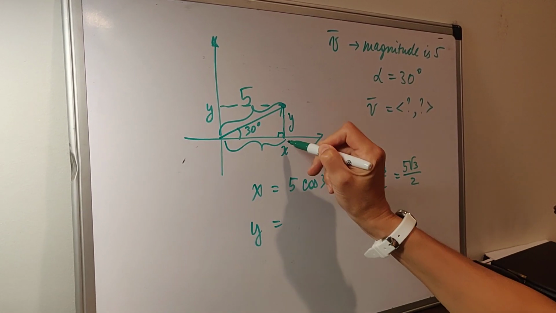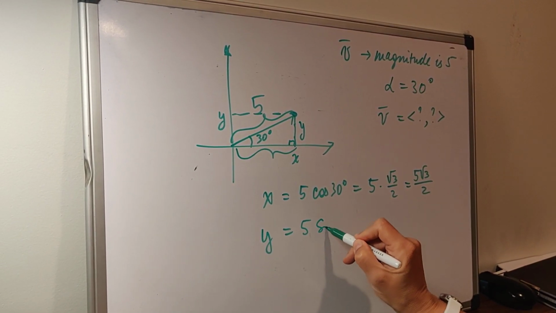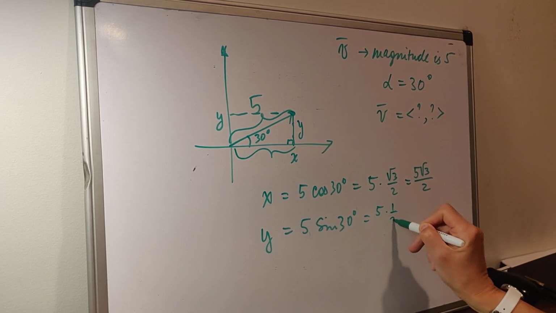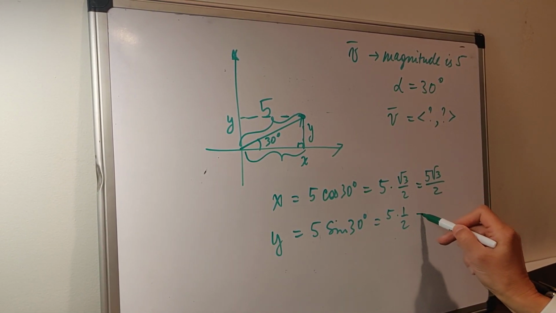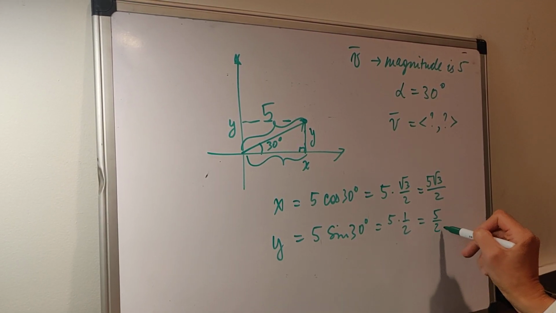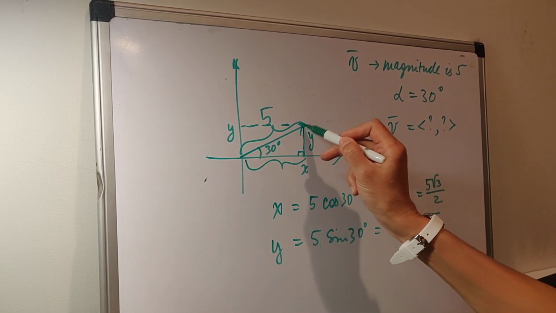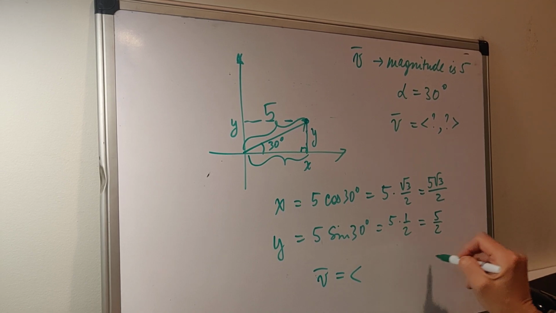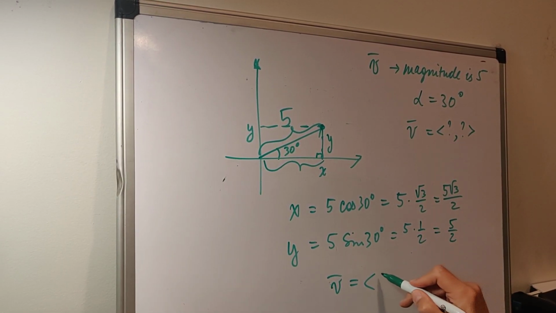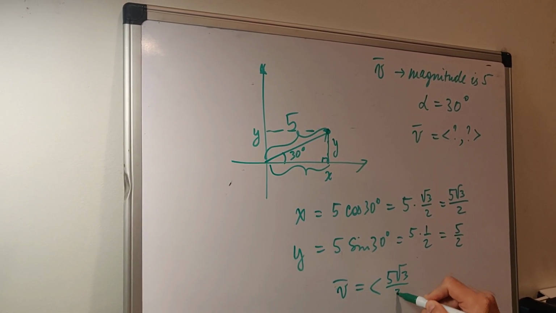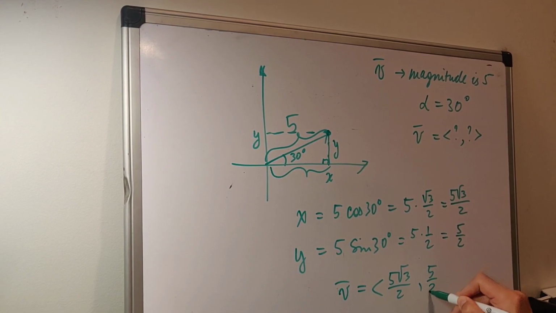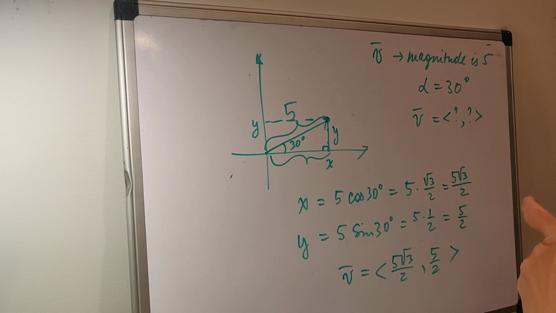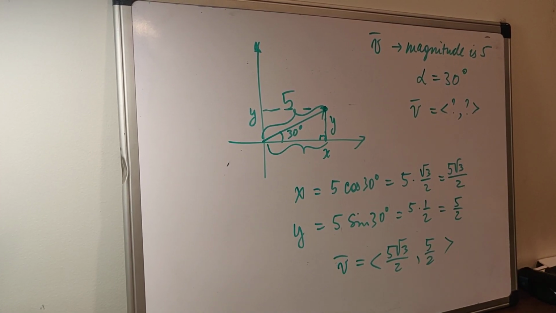And y, opposite side, is going to be hypotenuse multiplied by sine of 30 degrees, which is 5 multiplied by 1/2. Sine of 30 degrees is 1/2. And that's going to be 5 over 2. So because we do know coordinates of this point, we can put them as a point for position vector: 5 square root of 3 over 2 and 5 over 2. That's going to be my position vector. Well, we can simplify it a little bit, but not necessary.